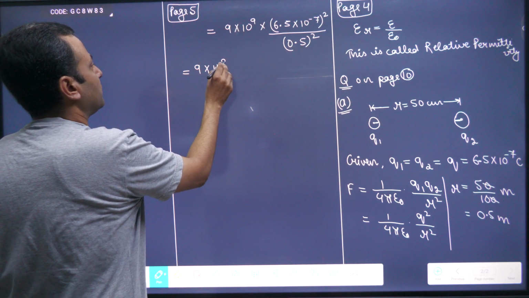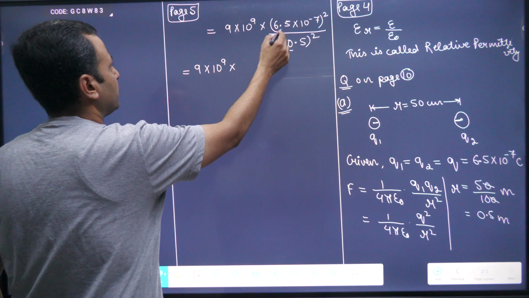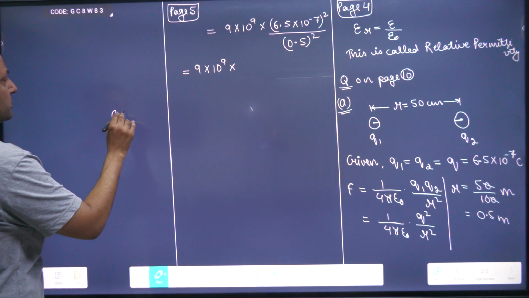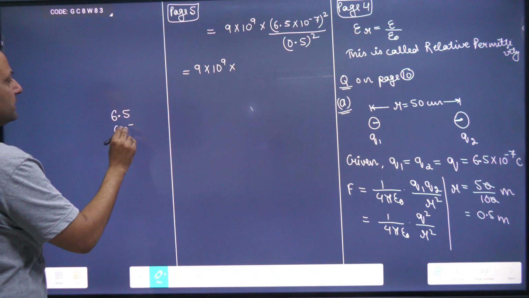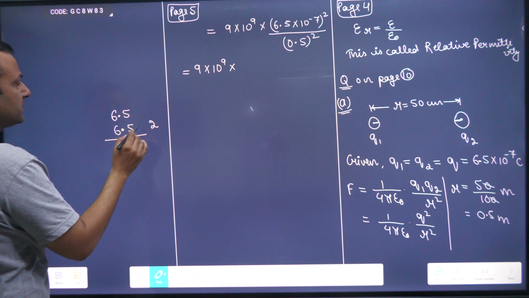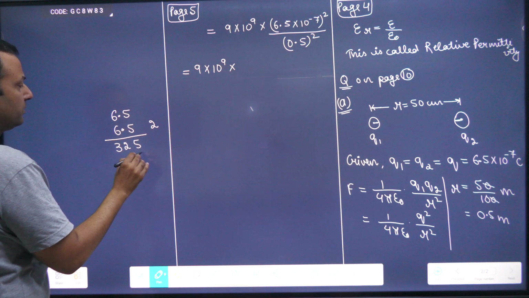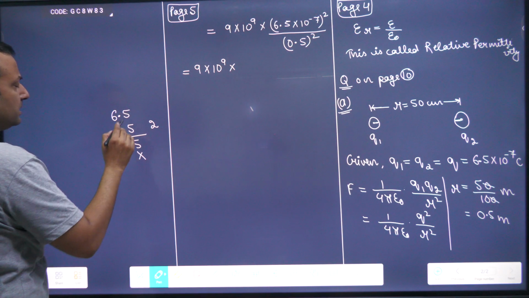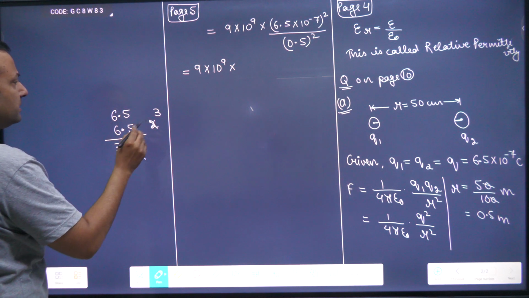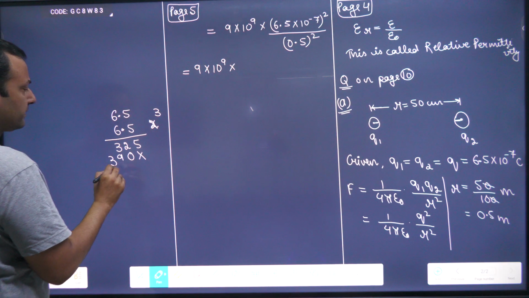Now, 9 into 10 to the power 9 multiplied by, what will be the square of 6.5? We will do it. 6.5 multiplied by 6.5. 5 5s are 25, 2 is carry, 5 6s are 30, 30 plus 2 is 32. One cross sign will be there. 6 5s are 30, 3 carry, and 6 6s are 36 plus 3 is 39.